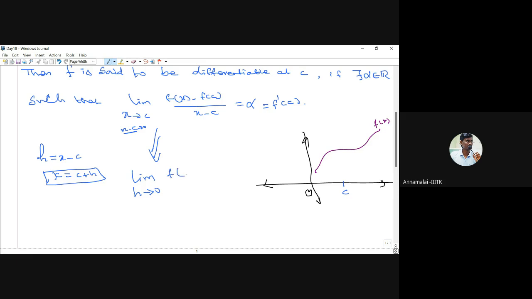So the limit becomes, as h goes to 0, (f(c plus h) minus f(c)) divided by h. If the limit exists, then we say the function is differentiable at the point c.